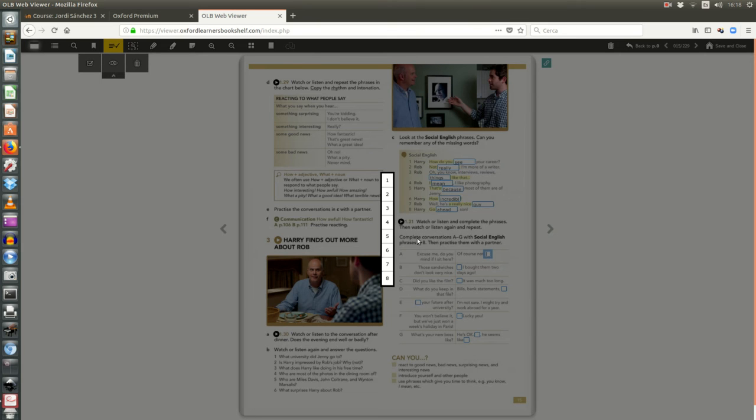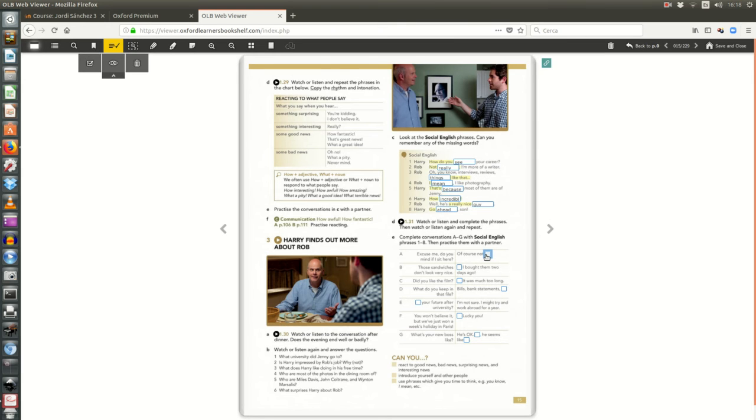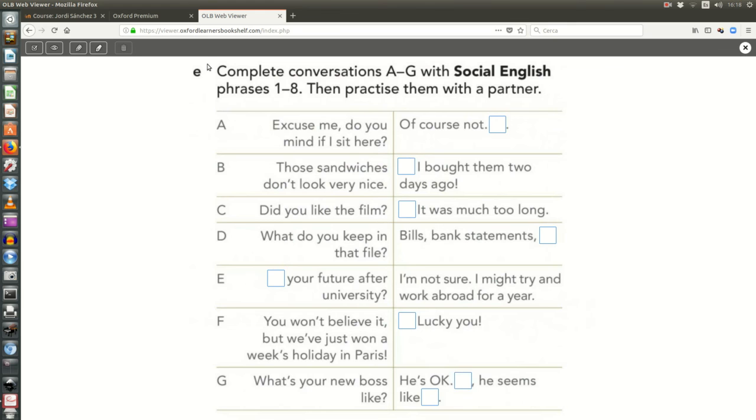For example, here decide which one of these 8 sentences fits well here. Okay, so let's do it. And you will need your book to do this because I cannot show both screens on the video. And these are the answers.